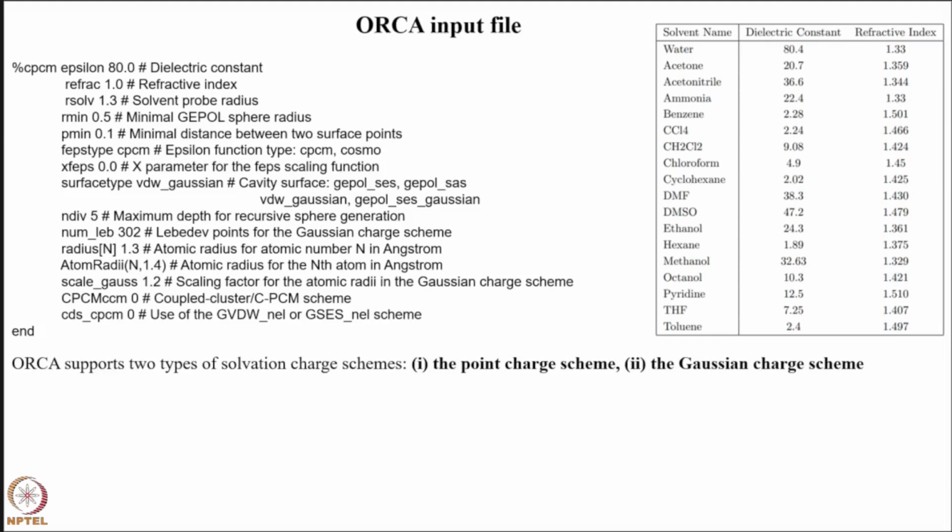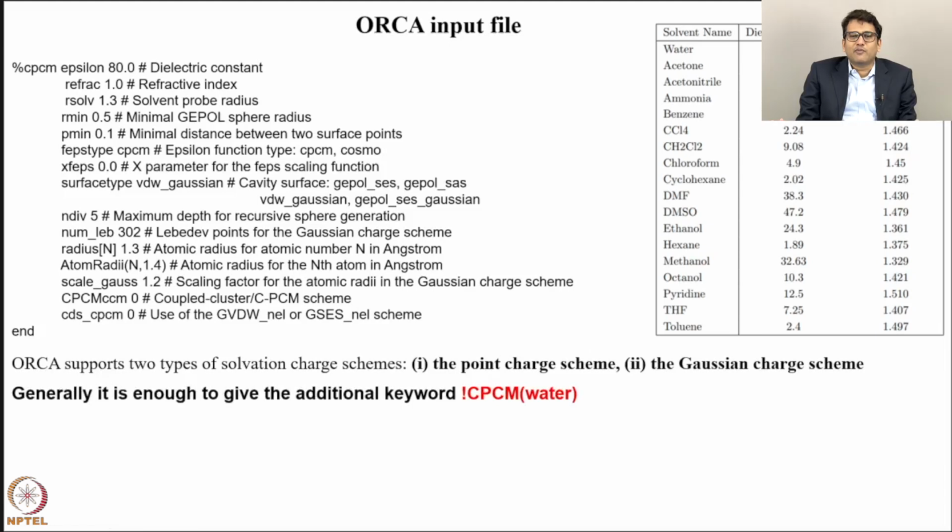So, these are the full set of parameters which you need to do the CPCM. Do not get scared, generally it is enough for most cases to give the additional keyword CPCM water. If you use CPCM water, that is the only thing you need to take care of for the solvation effect, and these are the solvents available in ORCA.